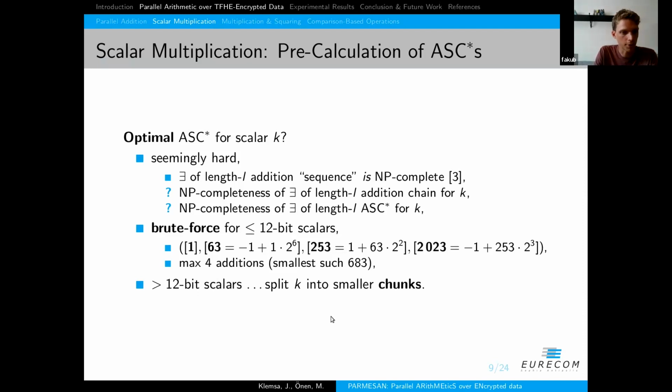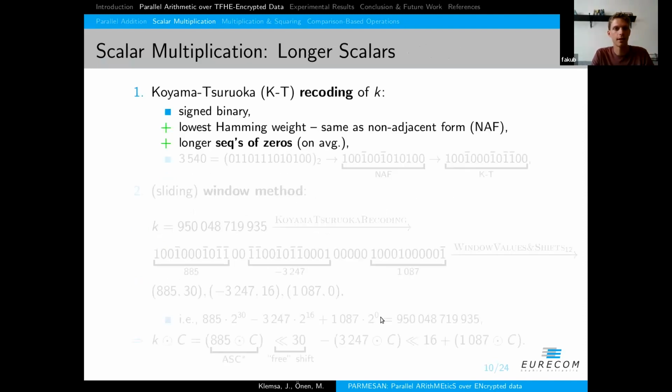For longer scalars, we need to split k, the scalar, into shorter chunks, and that's what we describe here. For this purpose, we employ the Koyama-Tsuruoka recoding. That's an interesting recoding of integer k, which uses the signed binary representation again.